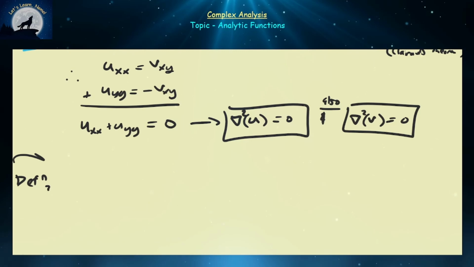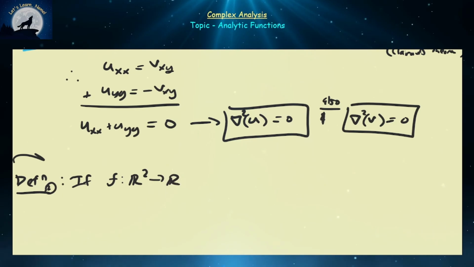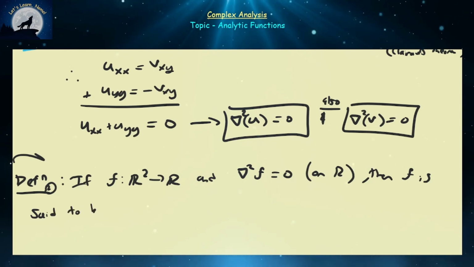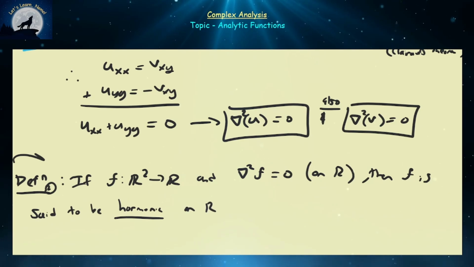And then from this, you might have learned this in multivariable calculus, but if not, I'll just define it here. So if f maps R^2 to R, and the Laplacian of f is equal to 0 on R, then f is said to be harmonic on R. Right?